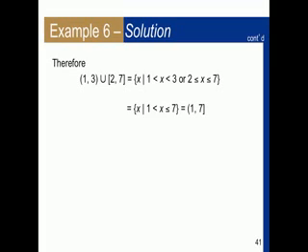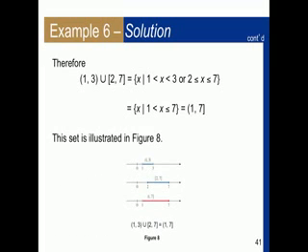And this can be written as x such that 1 is less than x is less than or equal to 7, so we have the open interval at 1 and the closed interval at 7. And this is what this would look like.